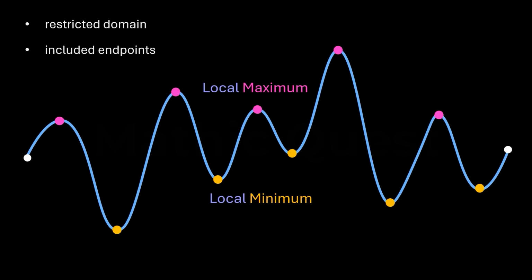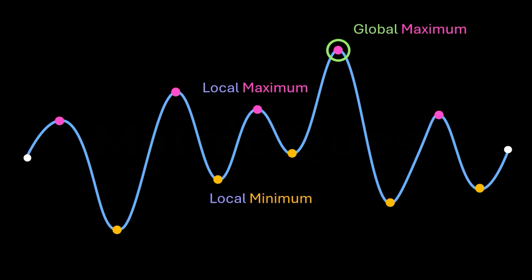So for this graph, we get a local minimum on the left endpoint and a local maximum on the right endpoint. So till now, we know that to find a local extrema, we compare just the neighborhood points. But if we look at the entire graph, then the highest point is the global maximum, and the lowest point is the global minimum.